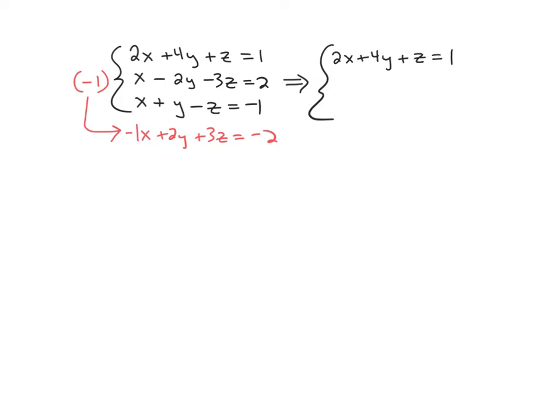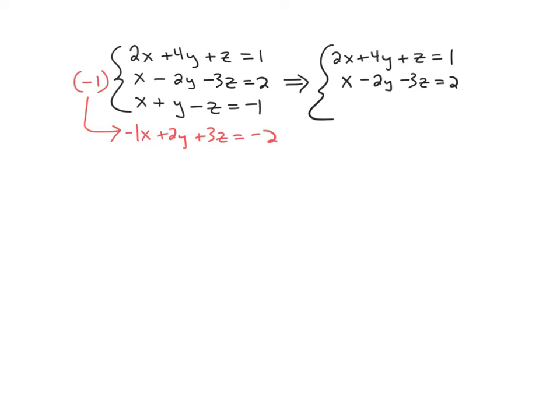Now what I'm going to do is add a multiple of this equation, which is what I have in red, to this equation. Now, one of these 2 equations needs to stay, and I can choose which one that is. So I think for this example, I'll just leave the second equation as it is, x minus 2y minus 3z equals 2.